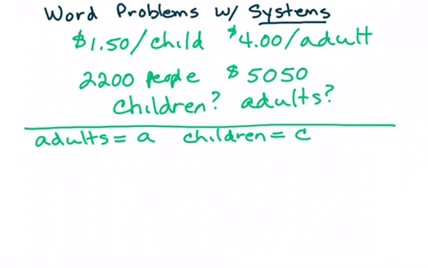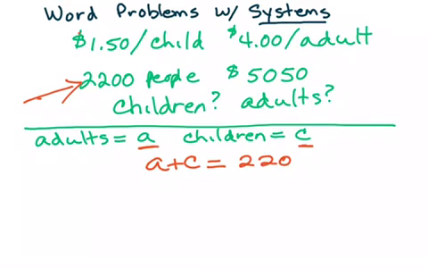All right, so I just wrote down that adults we're going to call A, children we're going to call C. Now, what do we know? We know that if we add A plus C together, we get how many people all together? 2,200. We also know that the child's ticket is $1.50, the adult's ticket is $4.